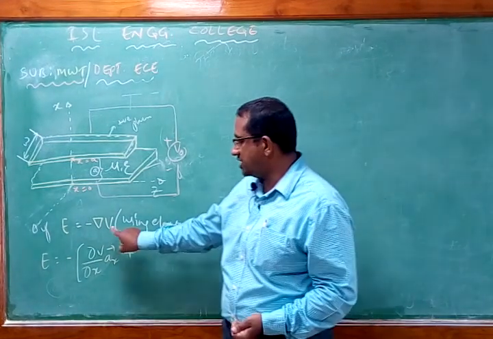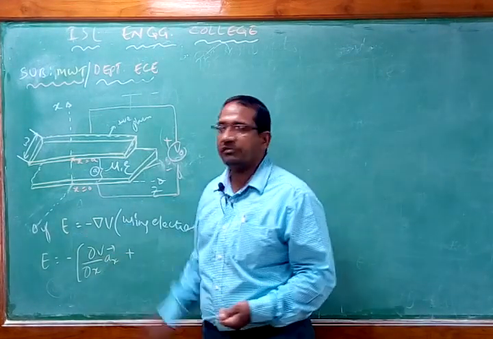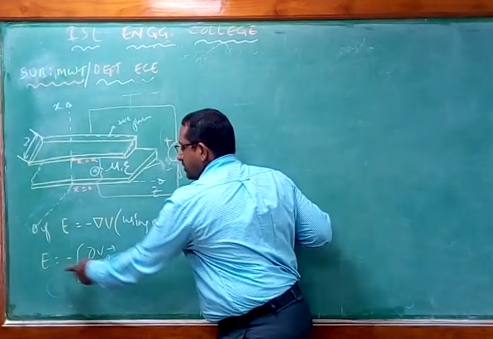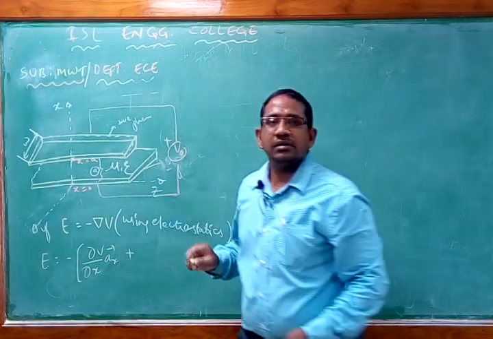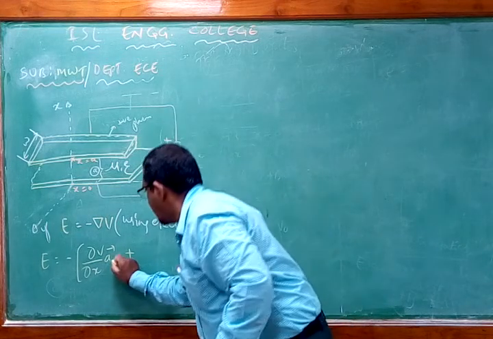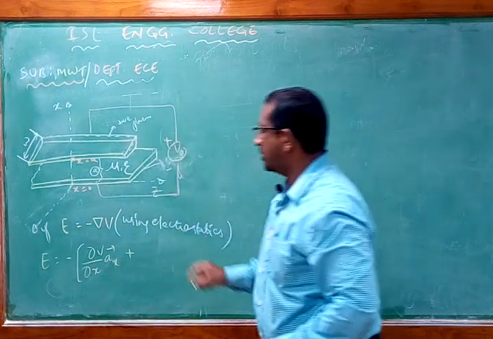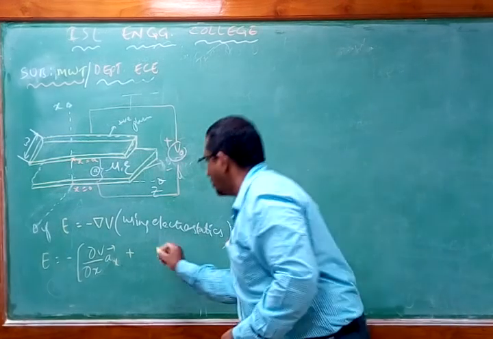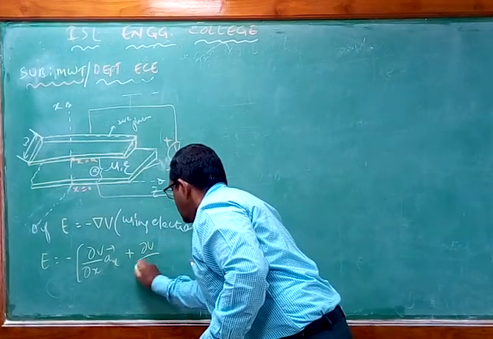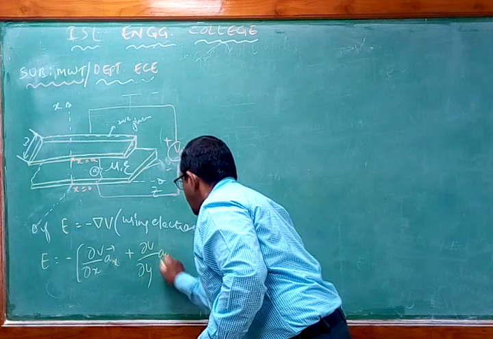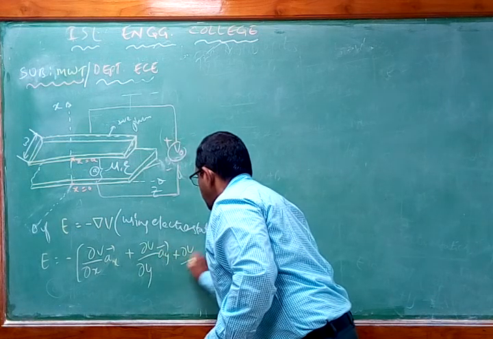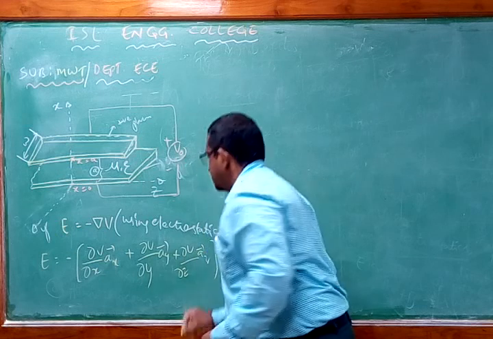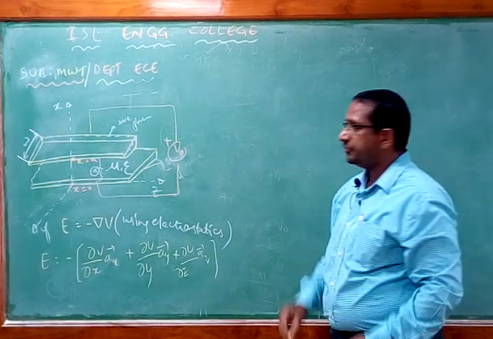Potential is a scalar, whereas electric field is a vector. So to represent a vector, we always use a unit vector Ax. Similarly I am going to have dou V by dou y Ay plus dou V by dou z into Az. These are the components we normally have.